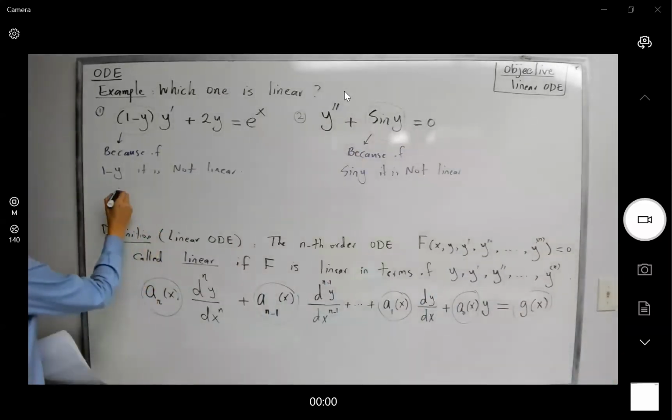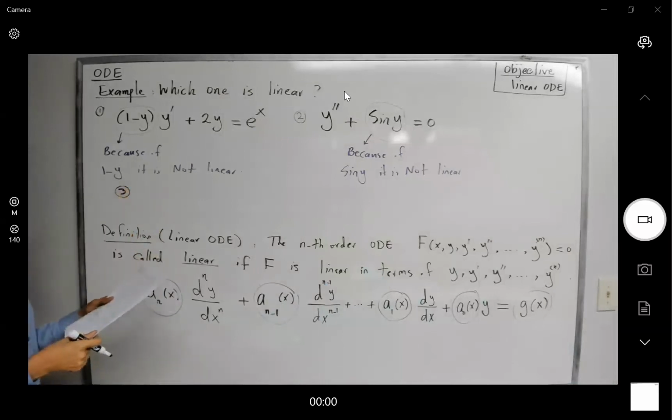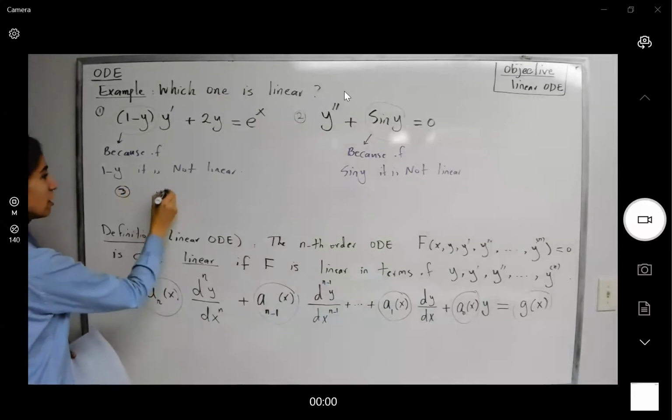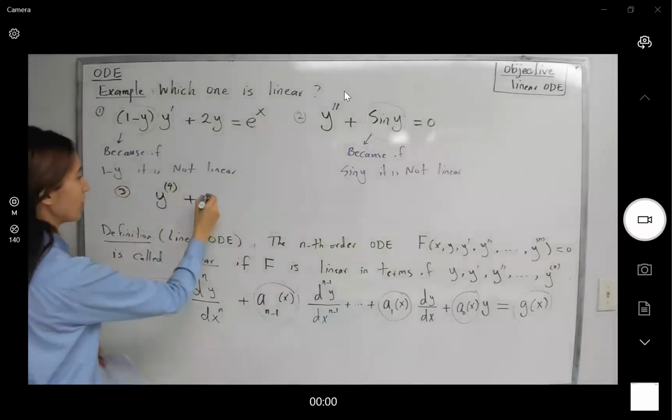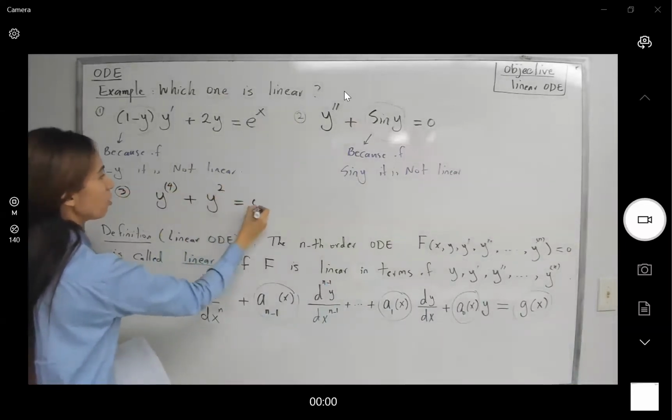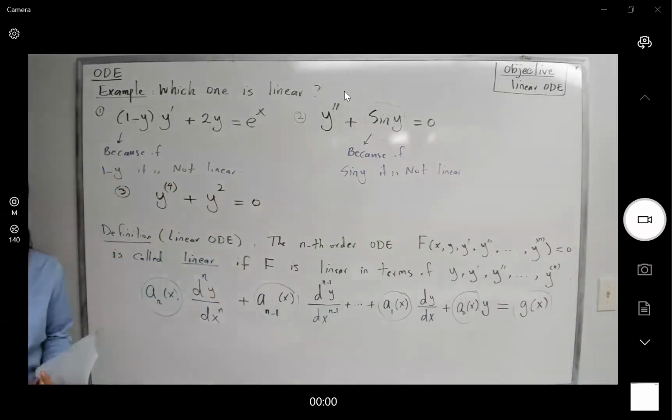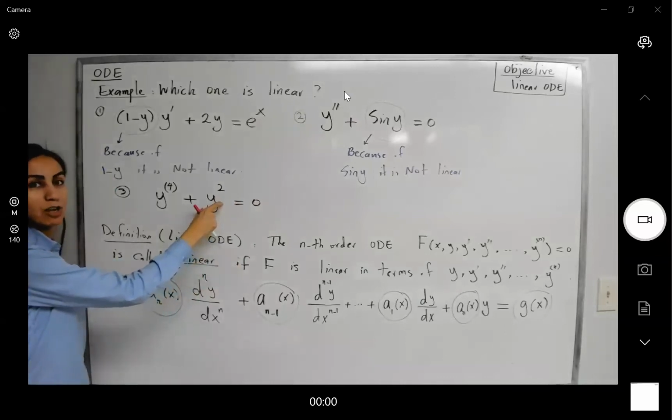Okay, another example for you. Example number 3 says, here you have the fourth derivative of y plus y squared equal to 0. As we know, the function must be in terms of x, not y.